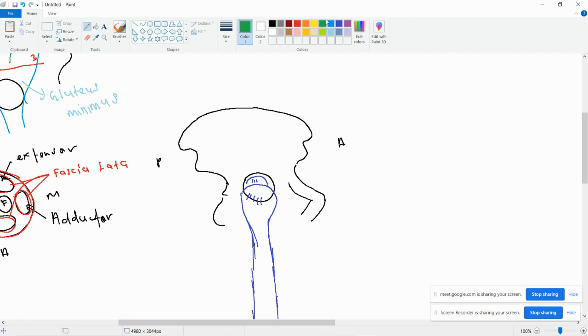Now, from this view, this is only a schematic diagram, but at least you can visualize this ITB. So this ITB extends from the iliac crest over here.